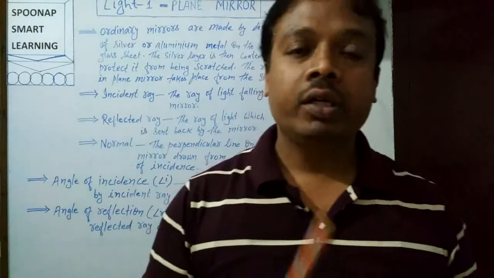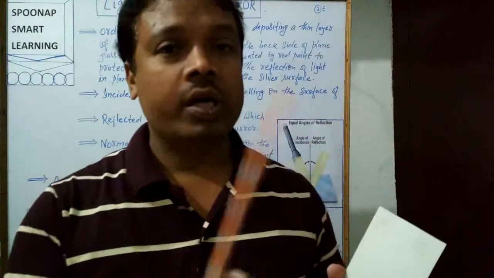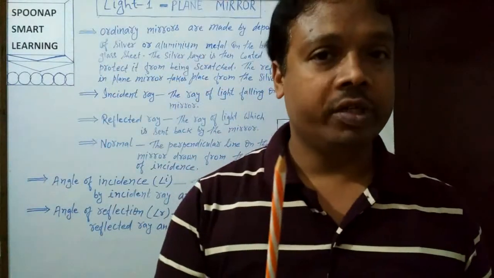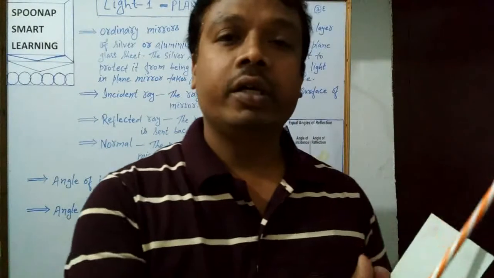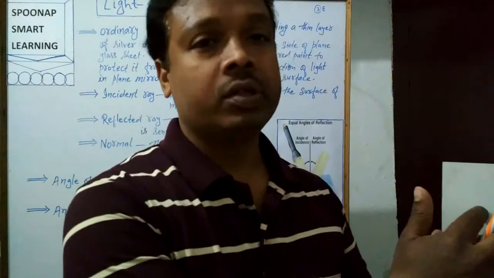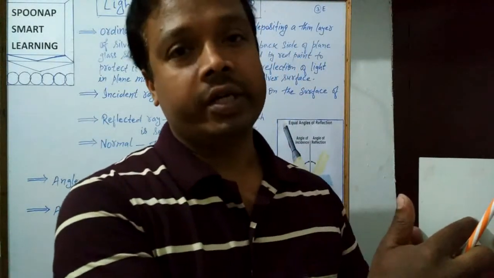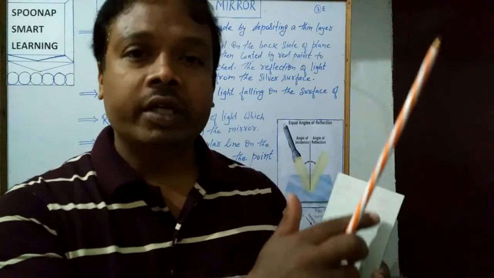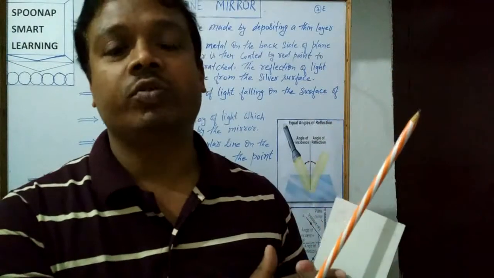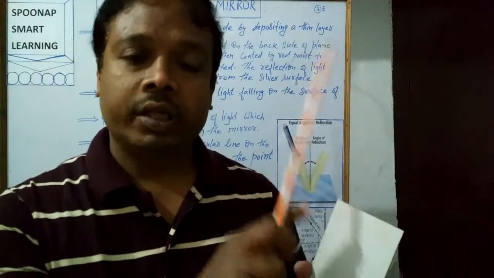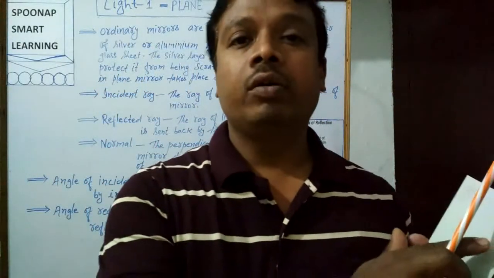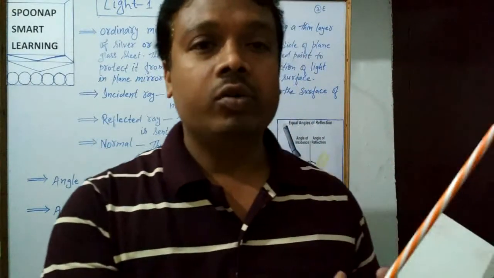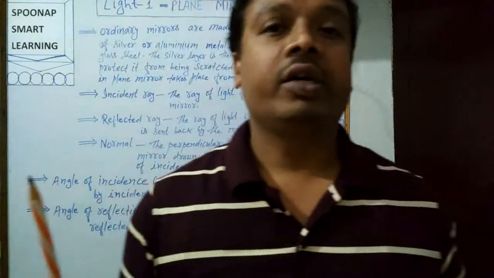The first coating is of silver or aluminium, and the second coating is this coating, either white or red in color. The second coating is applied over the silver or aluminium coating in order to protect it from being scratched.